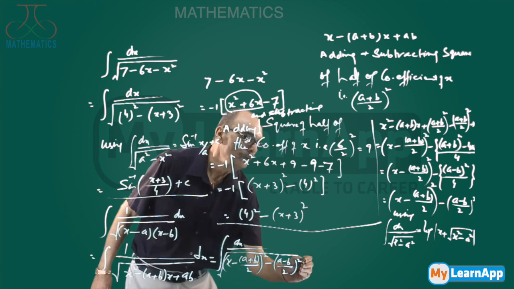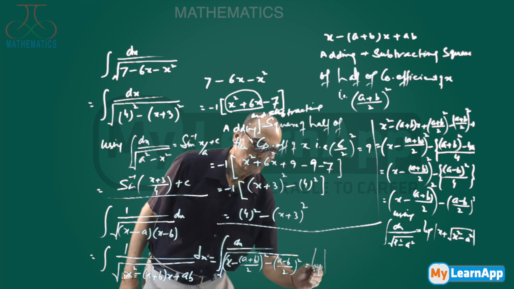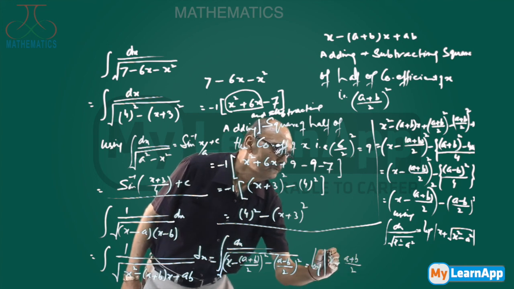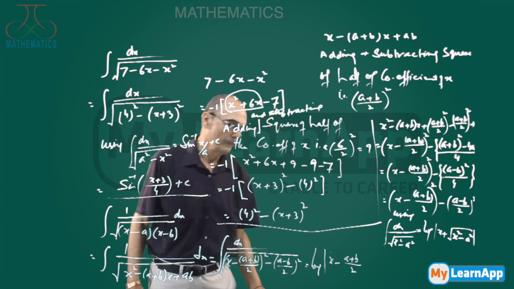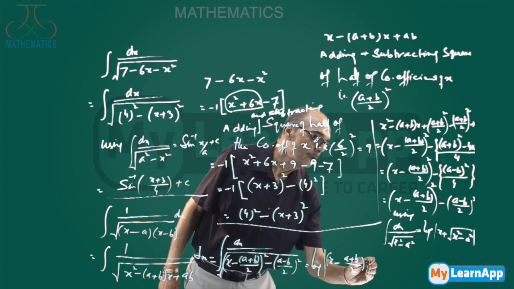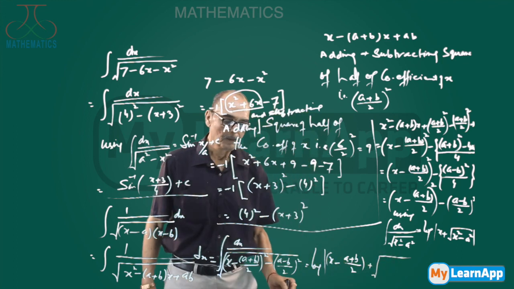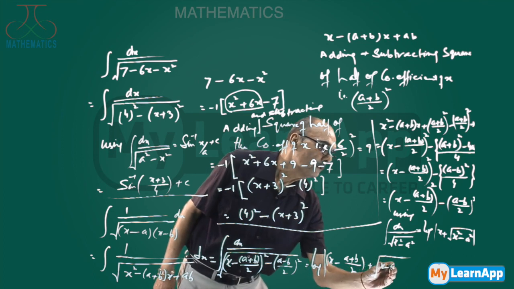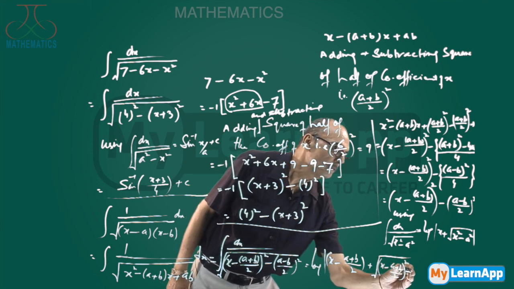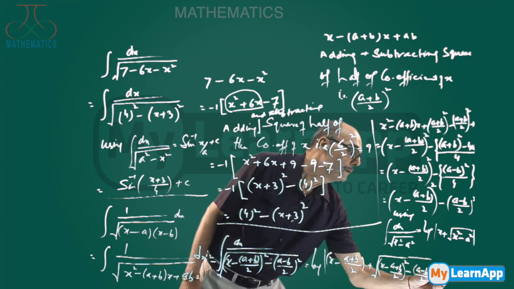So, this is equal to log of x, that is x minus a plus b by 2, plus under root x square minus a square, that is x minus a plus b by 2, this square minus a minus b by 2 and square and plus c.